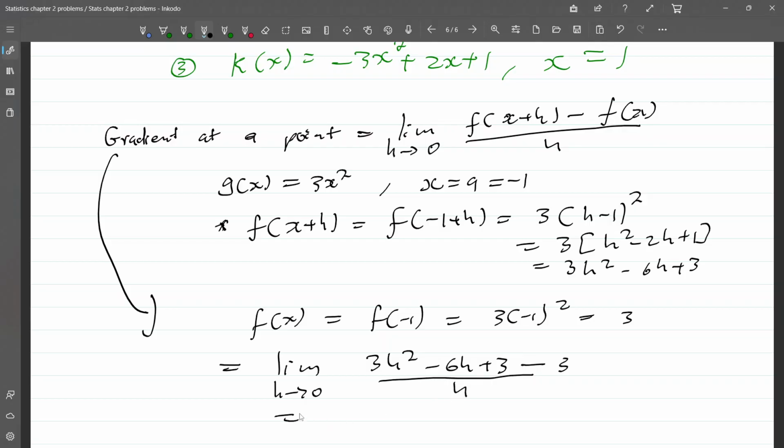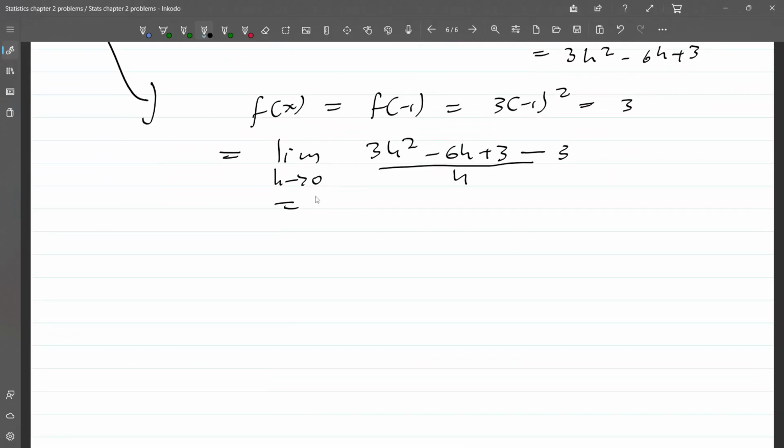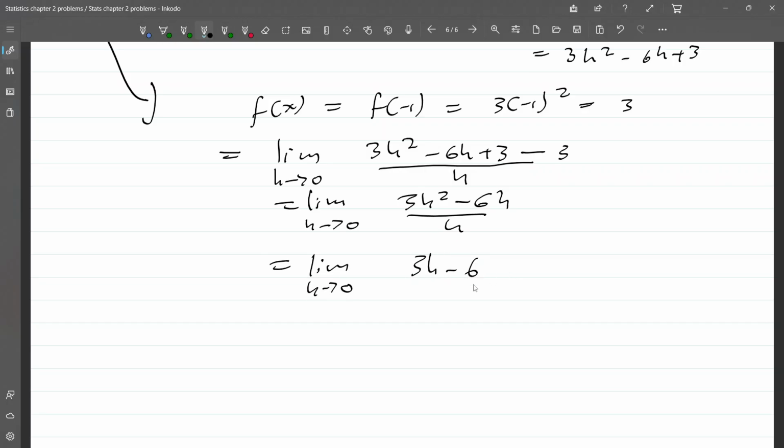Then we have the limit when h goes to 0 of 3h squared minus 6h over h, which is the limit when h goes to 0 of 3h minus 6.